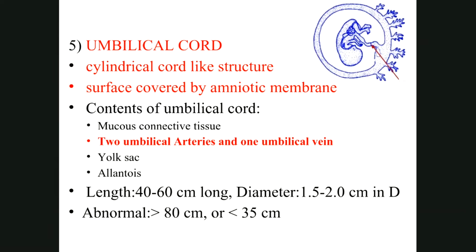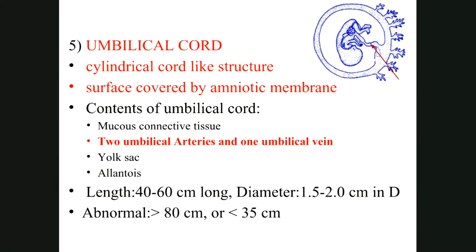The length of the umbilical cord is around 40 to 60 centimeters. If the length is more, it is problematic; if the length is short, it is also problematic. If the length is more than 80 centimeters, it is abnormal.